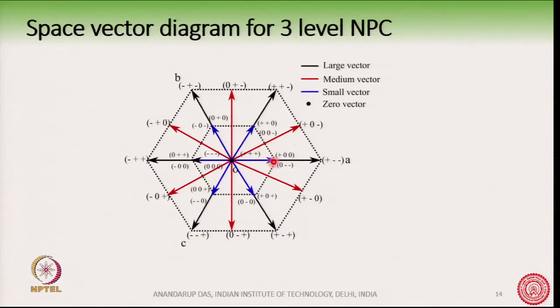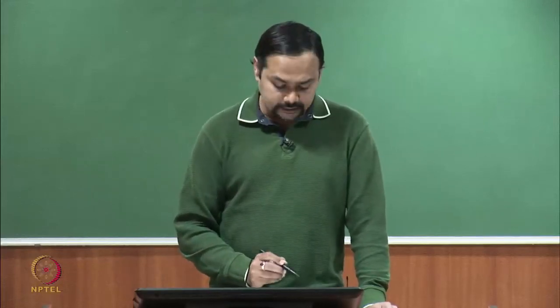Some of these vectors are marked with blue, some are marked with red and some are marked with black. So, we will see how we get to these vectors.